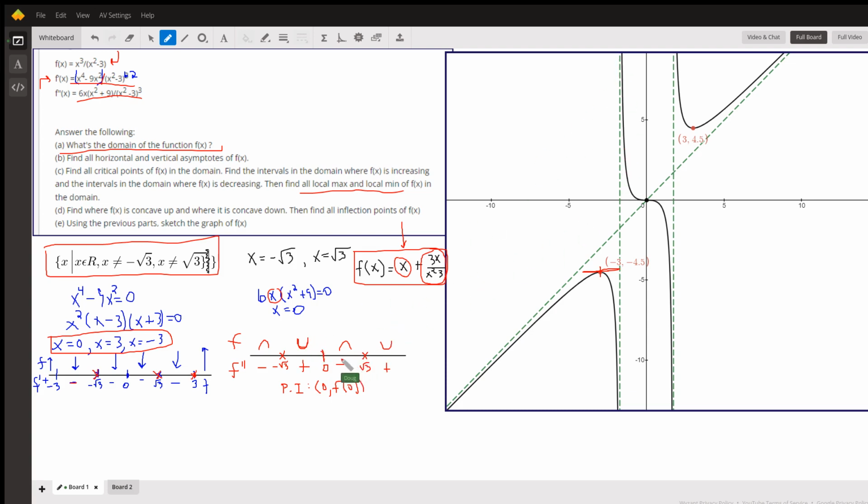And to the right of 0, to the left of the square root of 3, it's concave down, so there is a point of inflection here. The curve has tangent lines below the curve and then above the curve. And finally, to the right of the square root of 3, concave up.